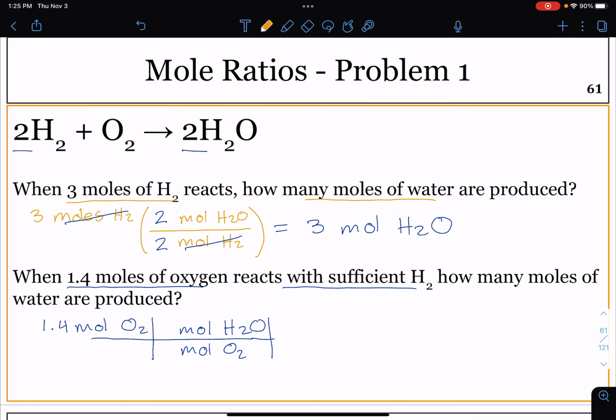We're going to put a 1 because O2 has a coefficient of a 1 right here. And then H2O has a coefficient of 2. You can see the moles of oxygen cancel, and we're left with 1.4 times 2 divided by 1. 2.8 moles of H2O was created.